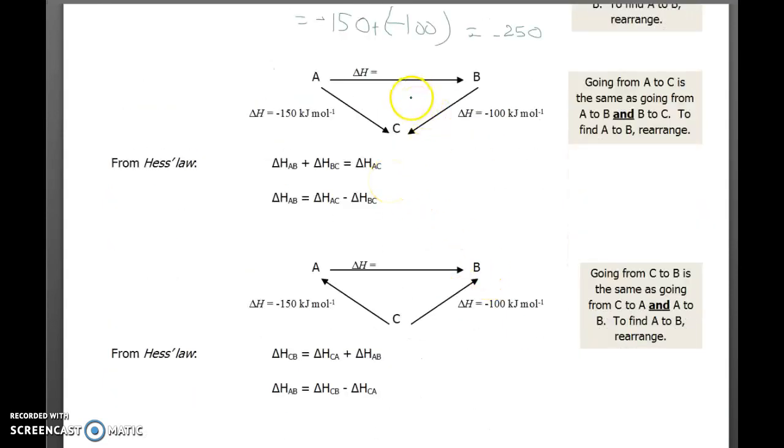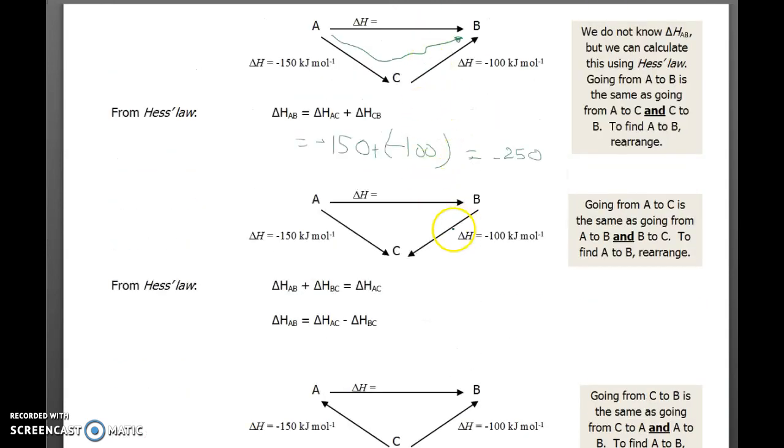But we don't always have that set of data. So in this next example, our Hess cycle says that we've got the reaction going from A to B. Now that is what we are trying to find, and in this case we've been told the information for the reaction between A to C and B to C. Now this is important because this means we have flipped the arrow direction for the right hand side.